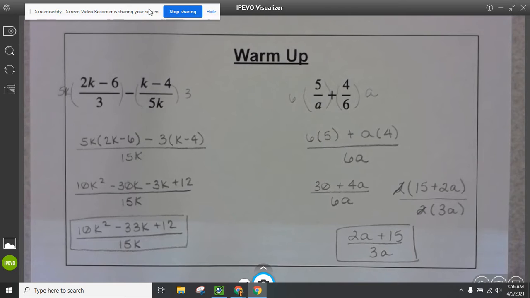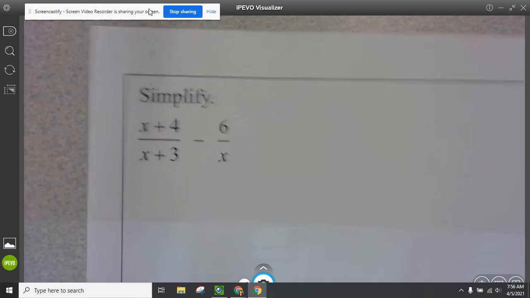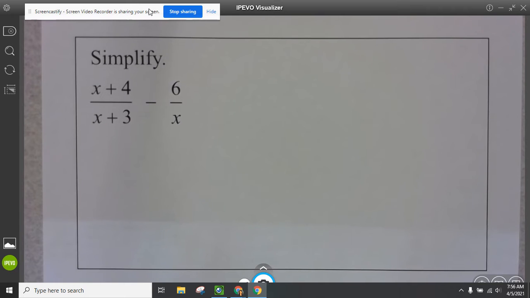So those are our warm-up questions, just getting our brain ready for day 2 of adding and subtracting. So here is our first more complex example.